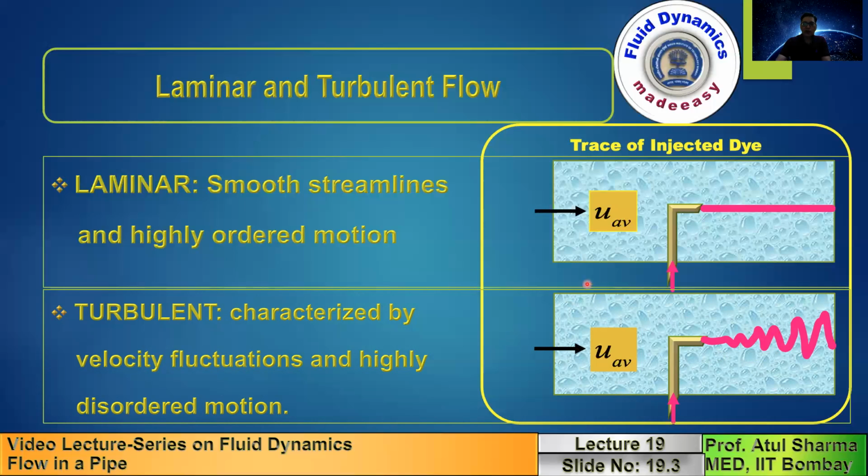So this is the famous Reynolds experiment by which you can detect the laminar and turbulent flows. Laminar flow has the characteristics of smooth streamlines and a highly ordered motion, whereas turbulent flow is characterized by velocity fluctuation and a highly disordered motion.